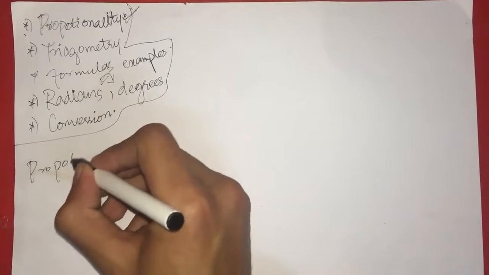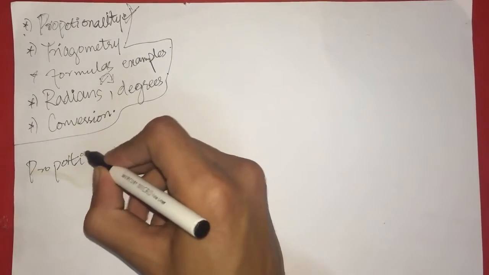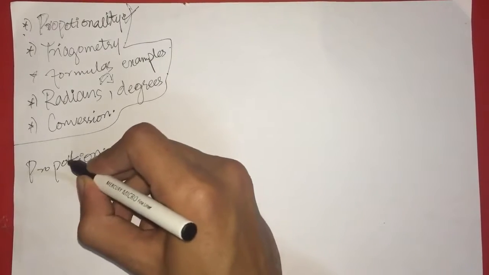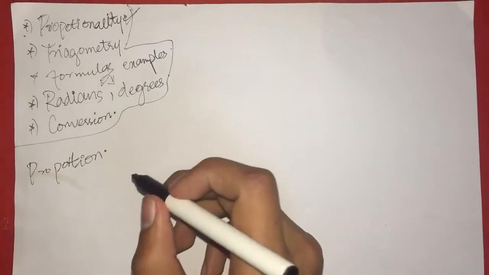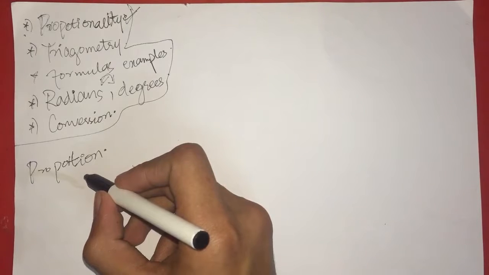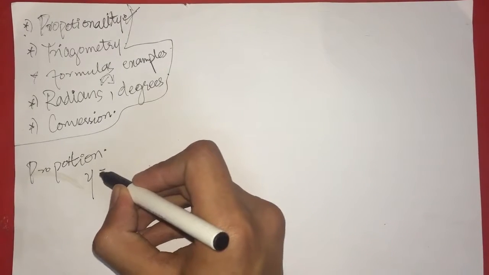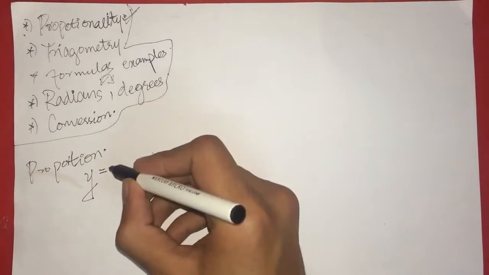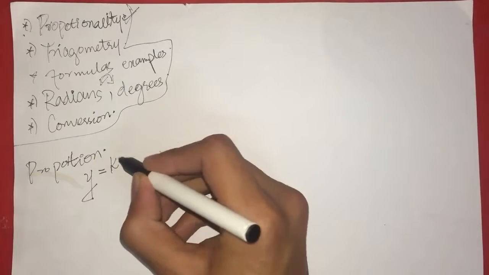What is proportionality? Alright, first let's discuss what proportion is. Proportionality or proportion is about two variables, for example y and x, where y will be equal to some constant multiple of x.